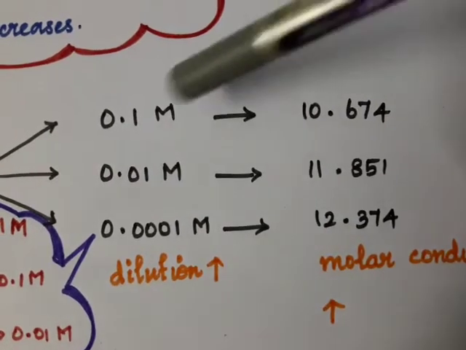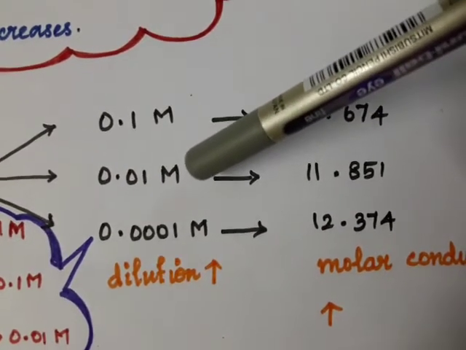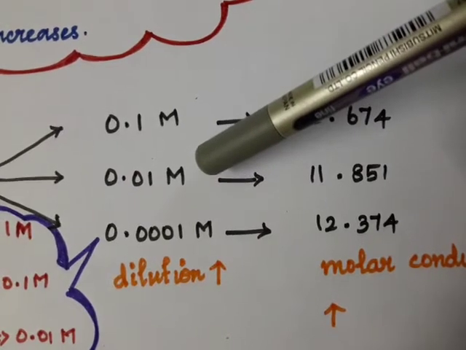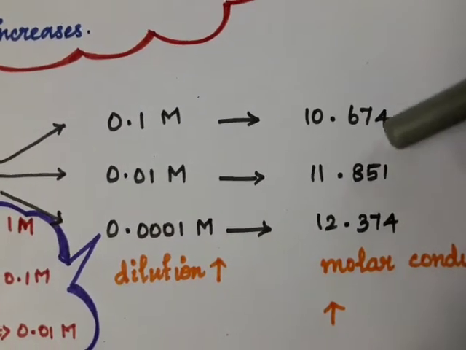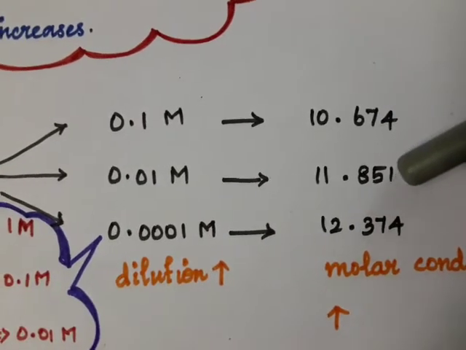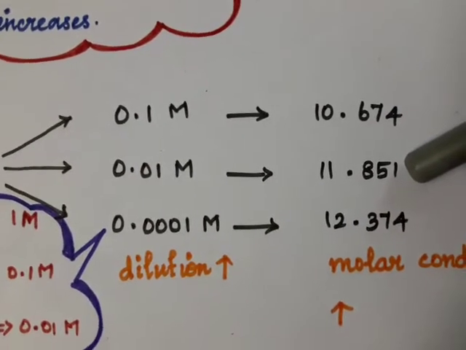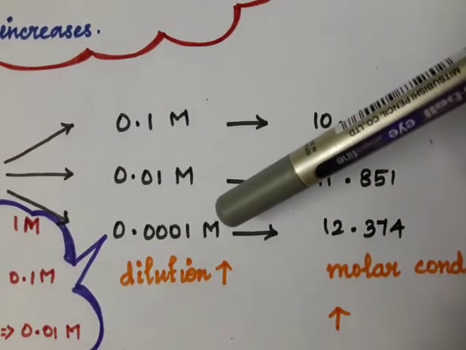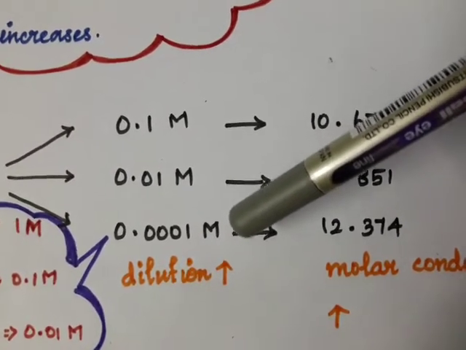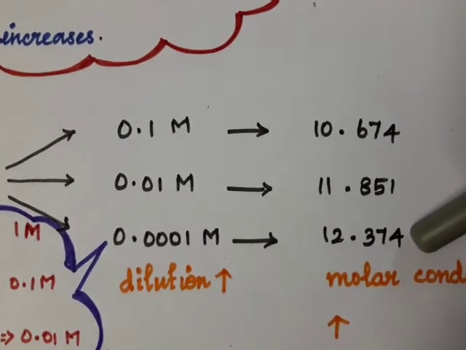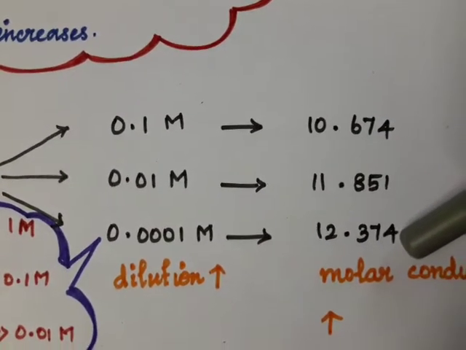In case I take a 0.01 M solution of NaCl as an electrolyte, then the molar conductance increases. It is equal to 11.851. Then if I take a 0.0001 M solution as an electrolyte, then the molar conductance value will be 12.374.